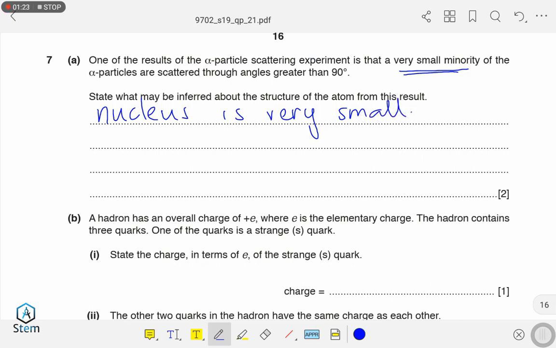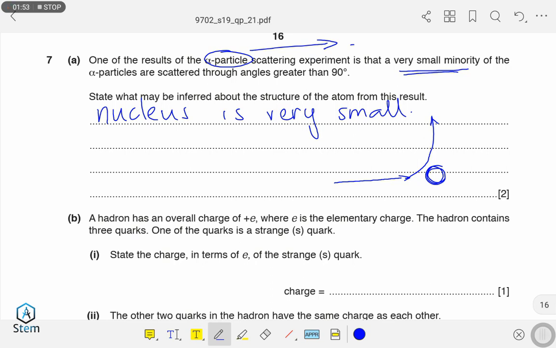Then secondly, this scattering is happening because the nucleus is charged. If it was not charged, the other charged particles like alpha particles were going to just whiz past the nucleus. But now the nucleus is charged, so as the alpha particles approach it, they start to feel a deviation, and they are deviated away.